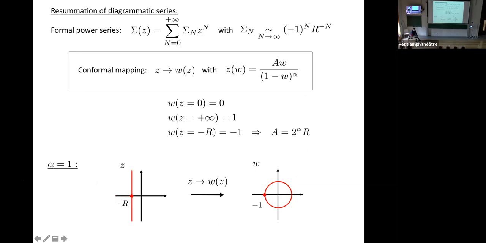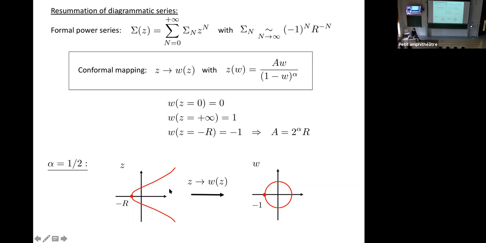If we take alpha equal to 1, we shrink the region of the complex z plane which is mapped inside. So in this case, only this half plane will be mapped inside. If we take alpha equal to 1/2, then only this region here, which has a shape like that, will be mapped inside the unit disk.